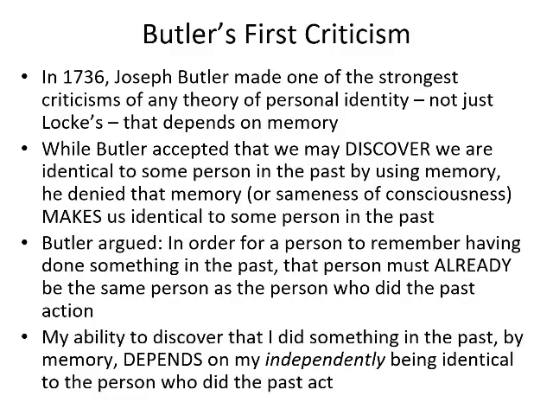While Butler accepted that we may discover we are identical to some person in the past by using memory, he denied that memory or sameness of consciousness makes us, and that's Locke's own word, makes us or constitutes us identical to some person in the past.